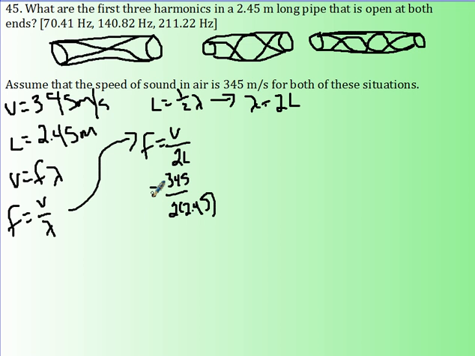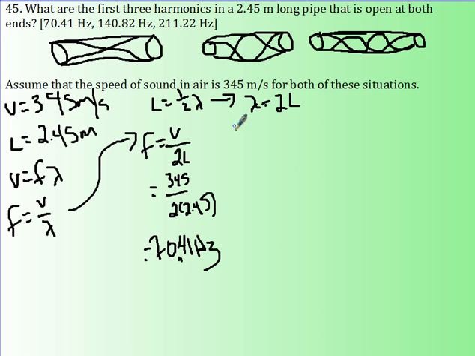Now, 345 divided by 2 divided by 2.45. Whoops, mess that up. Let's see, 345 divided by 2 divided by 2.45 gives me 70.408 hertz. What about the second harmonic?